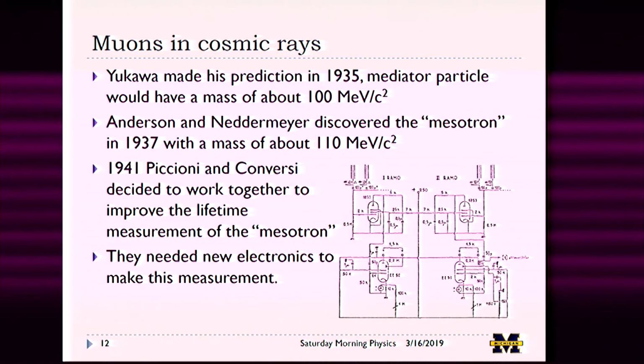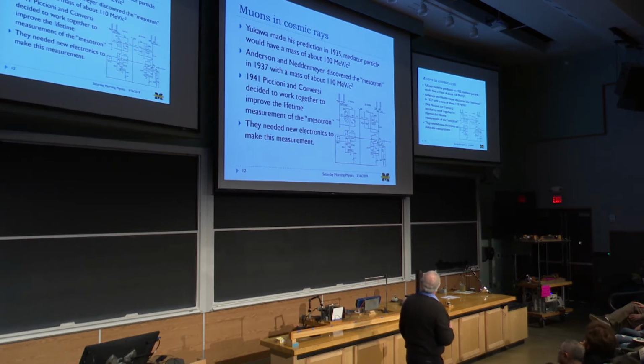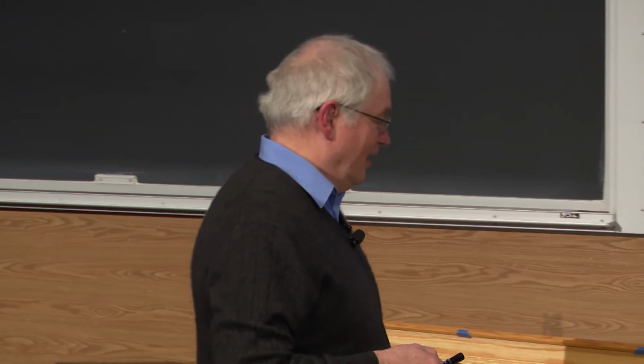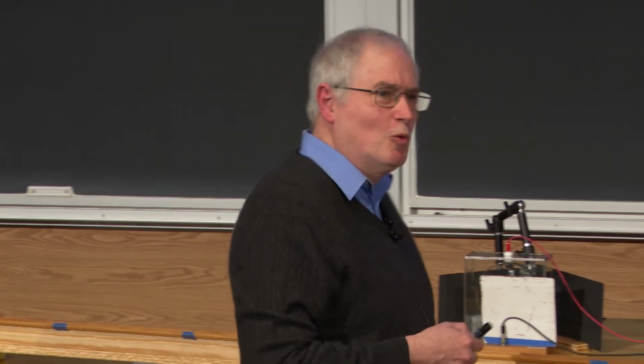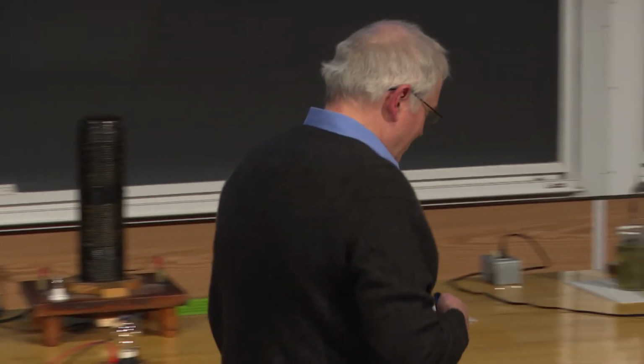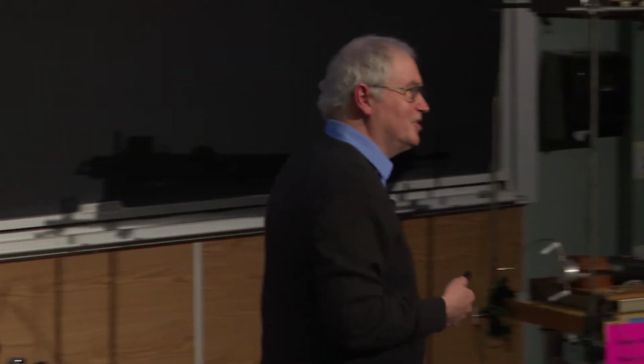Now, one of the things they had to do was to develop a new circuit to do this. These are vacuum tubes. This is before transistors, okay? And there was nothing available to do this kind of measurement. Now, at the time, vacuum tubes were being used to measure these kinds of particles.